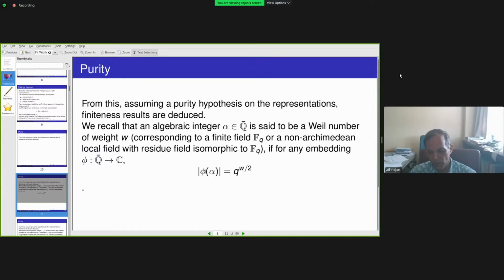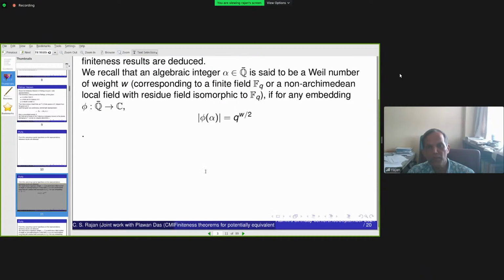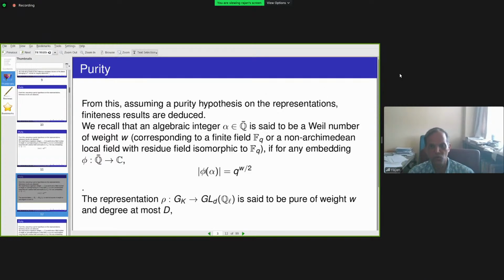Or in other words, alpha and all its conjugates have the same absolute value, which is Q to the power W over 2. That is what it means to be a Weil number of weight W with respect to Q.